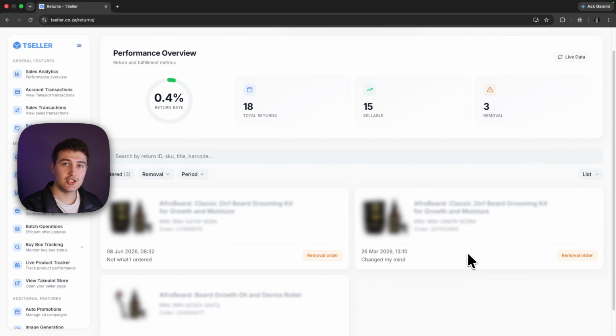You need to actually put effort into it and look at the reasons what is going on. If you're selling a tech product and people are complaining about a specific feature or a specific element of the product, like it doesn't charge, for example, then there's most likely an issue with the charging port. And you need to look into that because you're just going to get more and more returns.